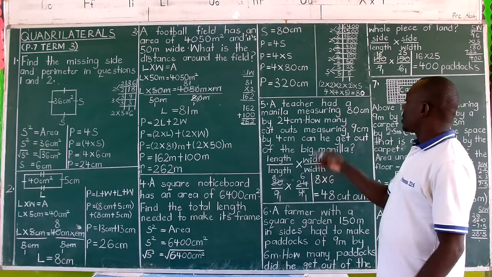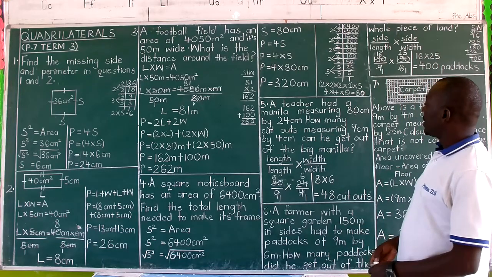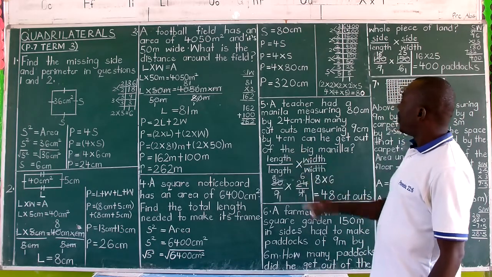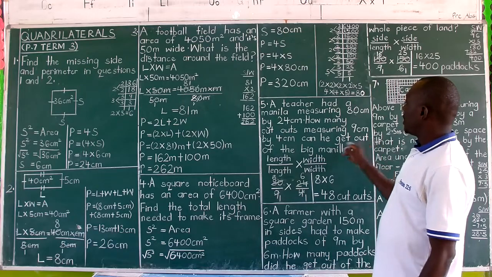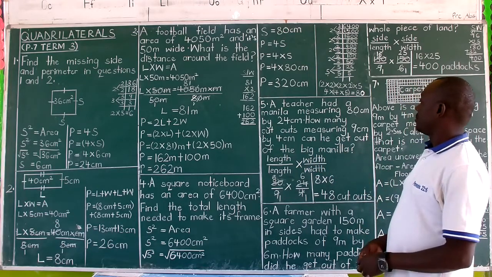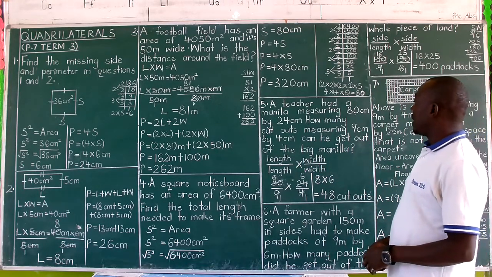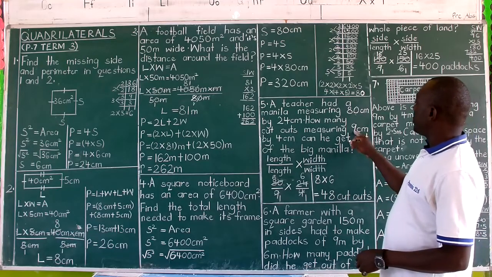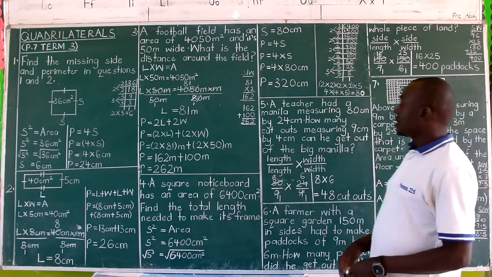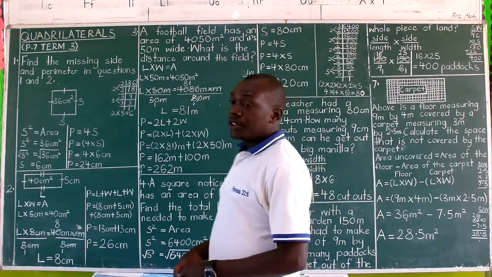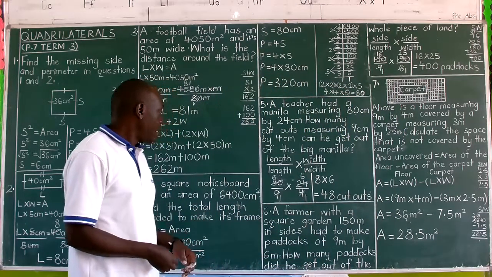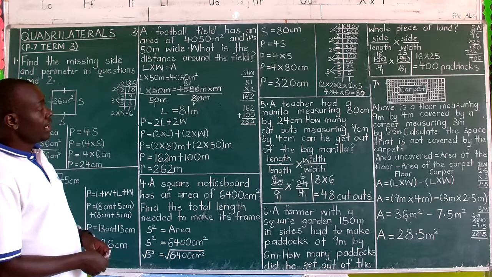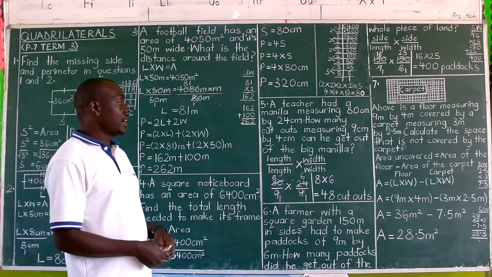Then the question is, how many cutouts measuring 9 centimeters by 4 centimeters can he get out of this big manila card? So he wants to cut out rectangular pieces, each measuring 9 centimeters by 4 centimeters.